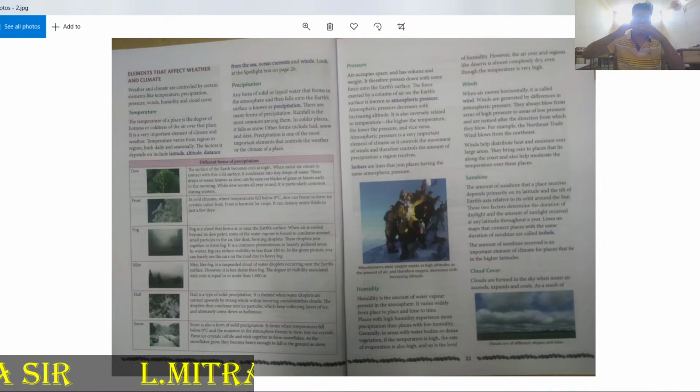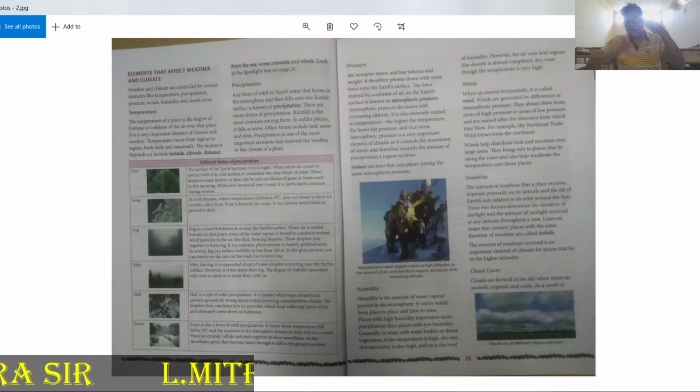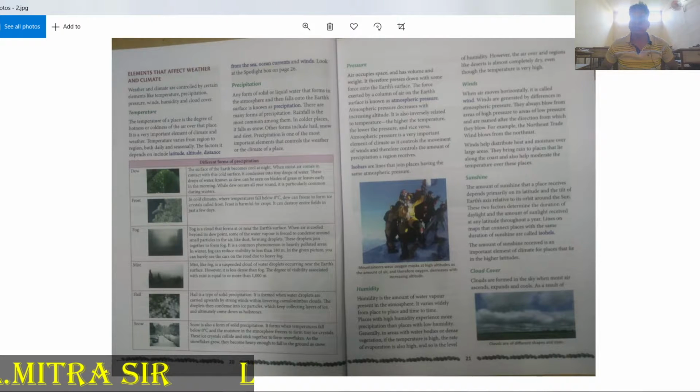The same thing happens in the case of the south pole. If you move from 0 degree towards the southern side, towards the pole, the temperature decreases. So there is a great role of latitudes with temperature.